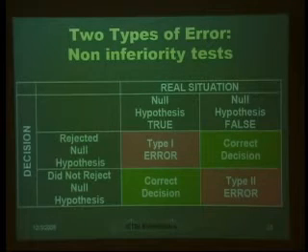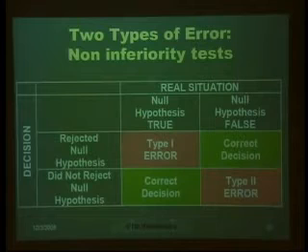Well, when I am doing these non-inferiority tests, I still can make errors. And we define the type 1 and type 2 errors in the same way as the usual tests. So the type 1 error is to reject the null when the null is true. Type 1 error is always like that. And the type 2 is to not reject the null when the null is false.